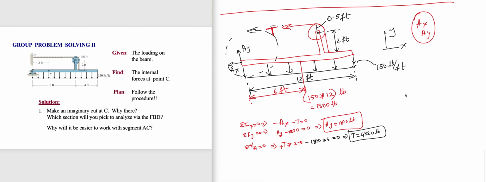So we can calculate AX from there to be basically negative T. That implies AX is negative 4320 pounds. Negative 4320 pounds, AX.